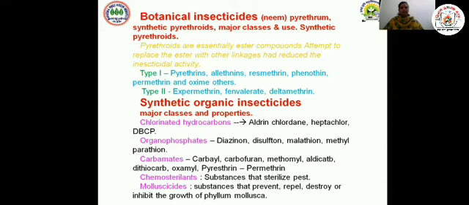Under organophosphates: diazinon, disulfoton, malathion, methyl parathion. Carbamates: carbaryl, carbofuran, methomyl, aldicarb. Chemosterilants, these are substances that sterilize the pest. Molluscicides, these are substances that prevent, repel, destroy, or inhibit pests from the phylum Mollusca.